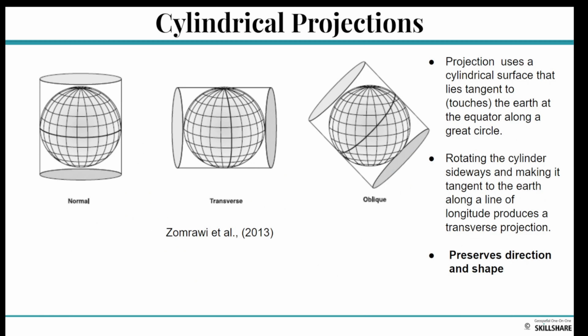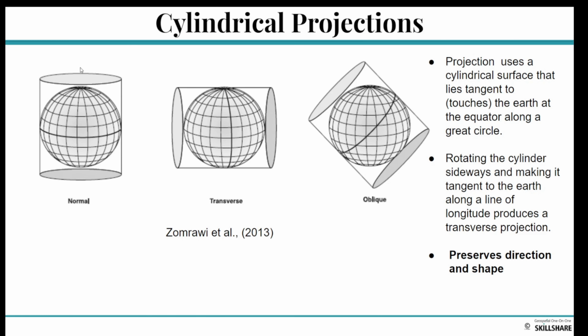Taking cylindrical projection, imagine that we can put a bulb inside the globe and we can see everything on the surface of the earth. If we are to fit this globe inside a cylinder, there will be some part of the globe that would be touching the cylinder, and there will be part of it that will not be touching the cylinder.